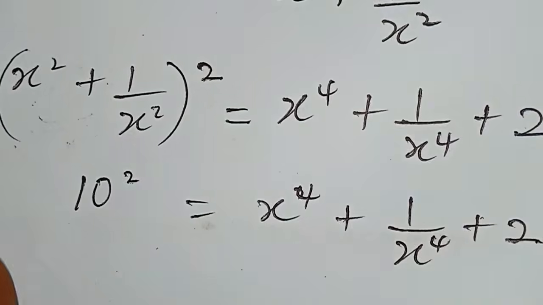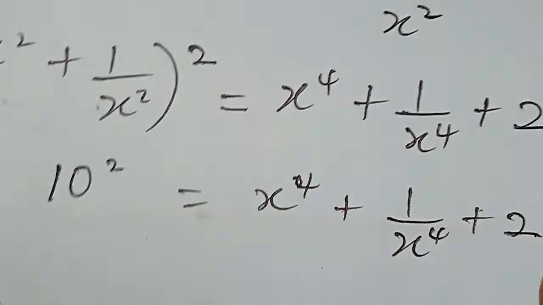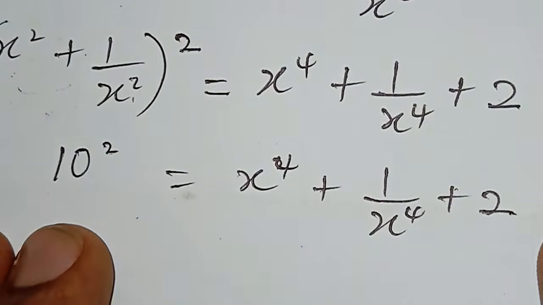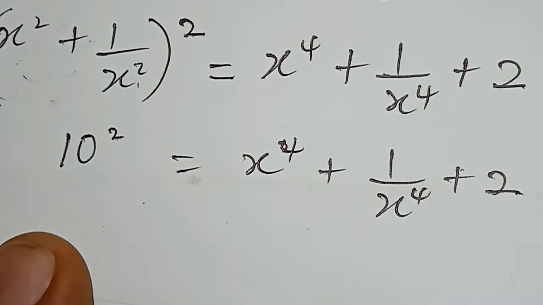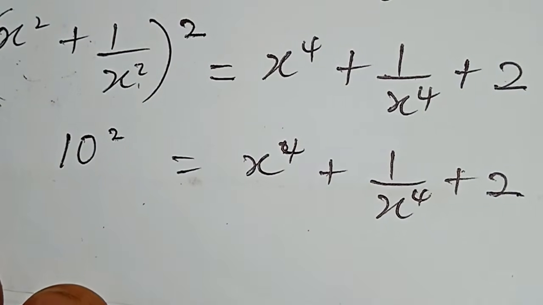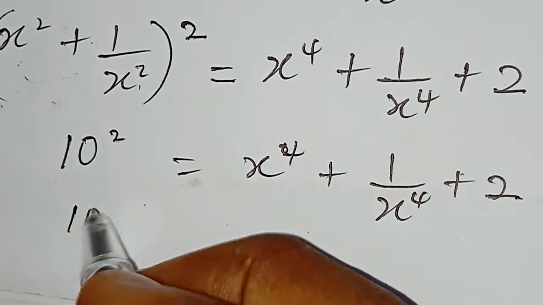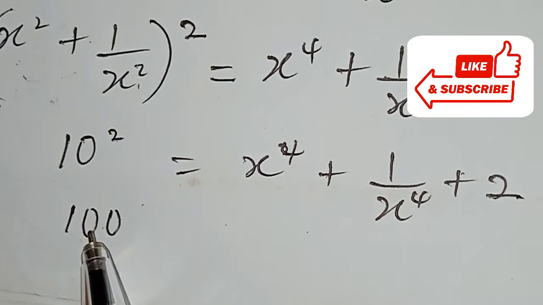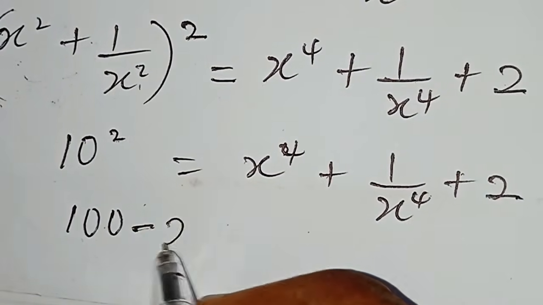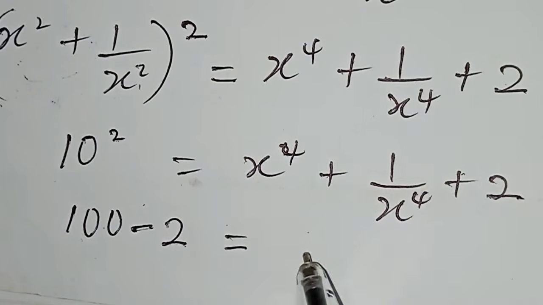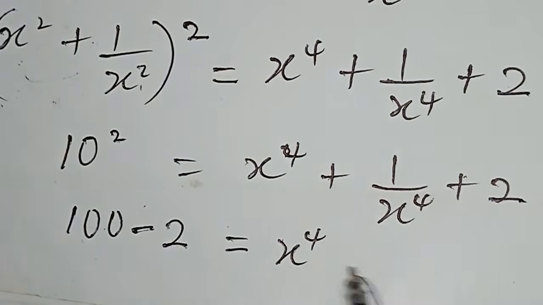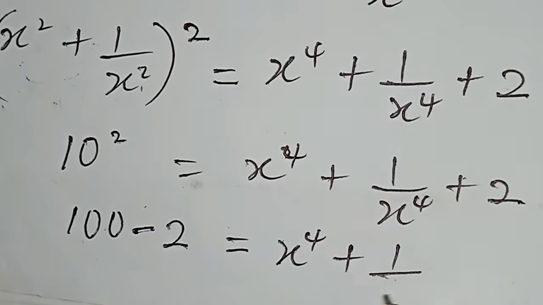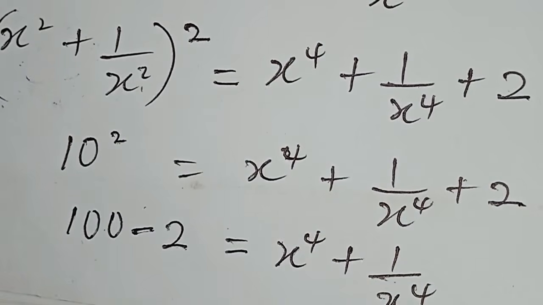So this can now be written as 100. Bringing this to the left hand side, we have minus 2, which is equal to x to the power of 4 plus 1 over x to the power of 4.